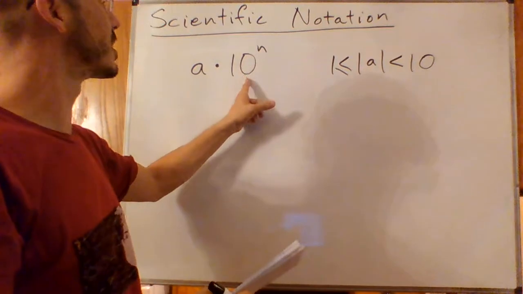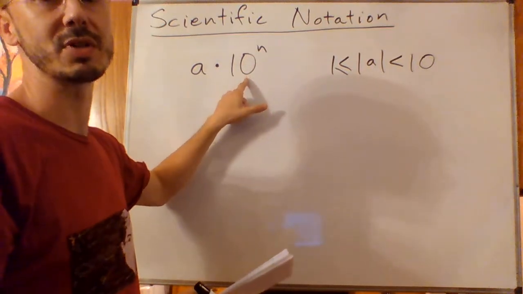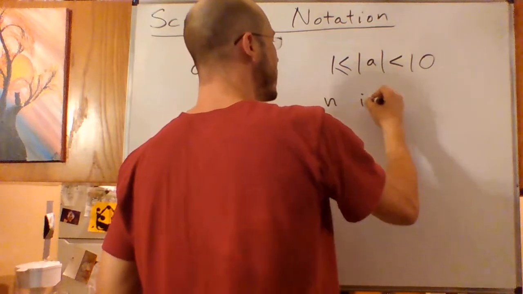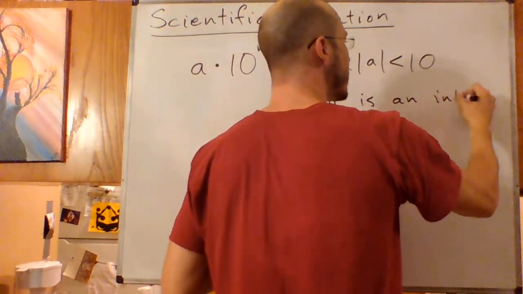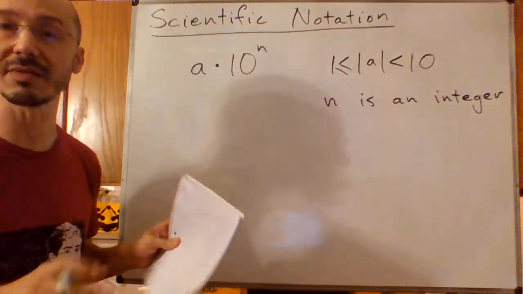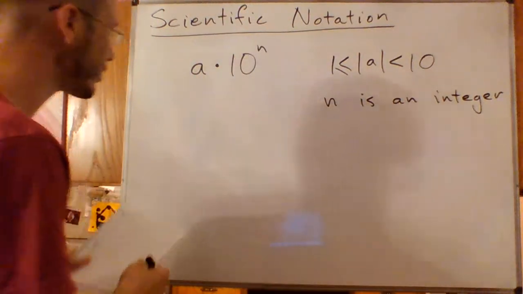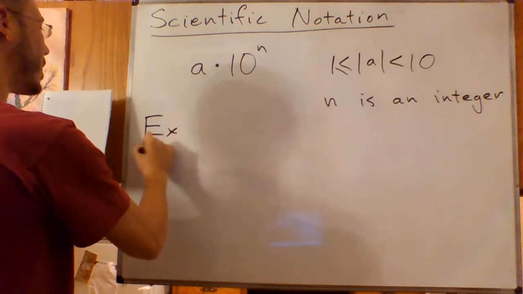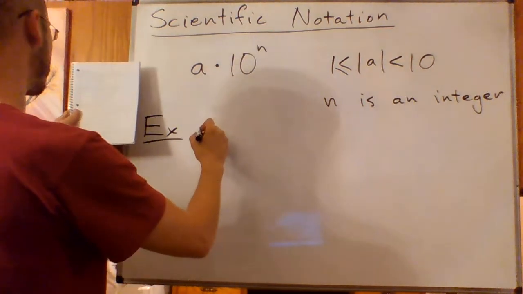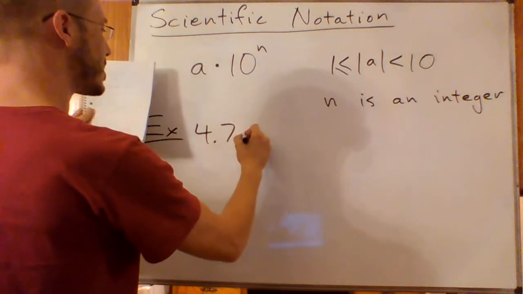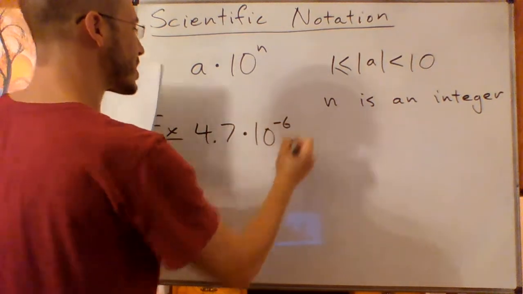And then times this is really an expression for the magnitude, how big the number is. N is an integer. It can be any integer, positive, negative, 0 even. Here's a couple examples of what scientific notation means. First, 4.7 times 10 to the negative 6th.